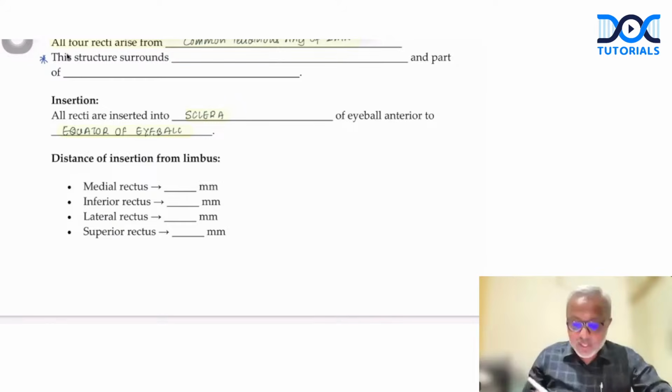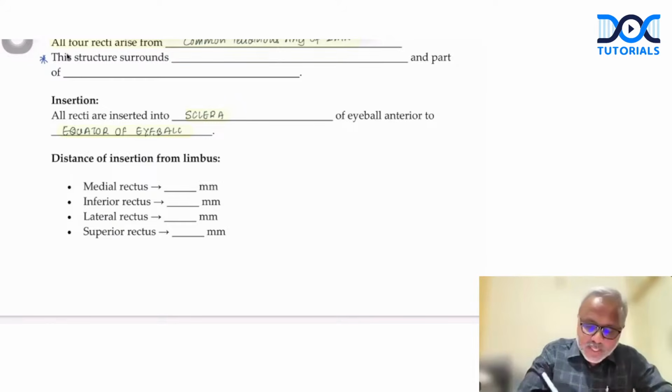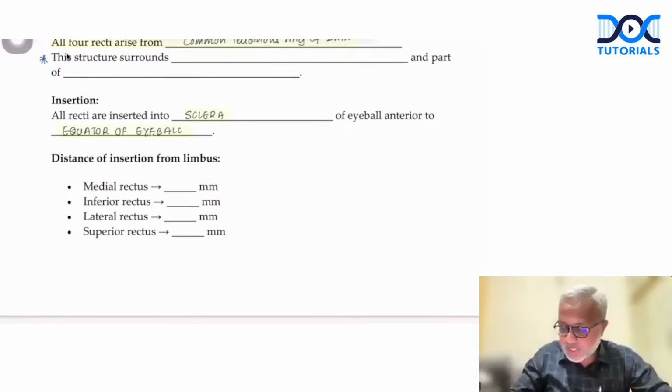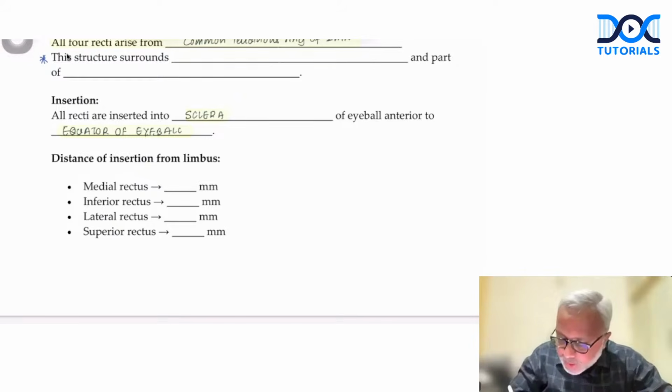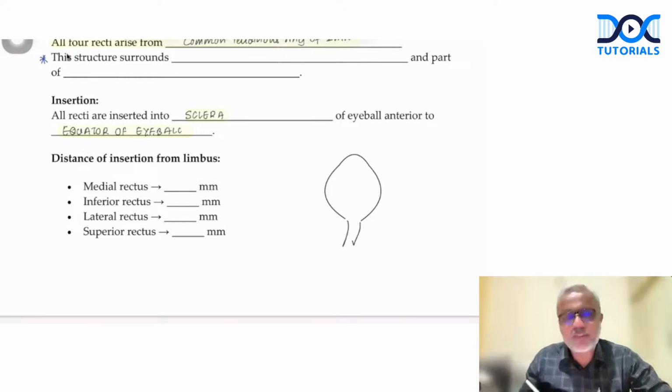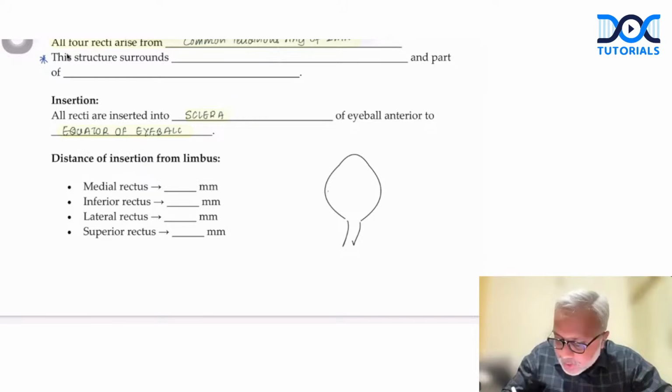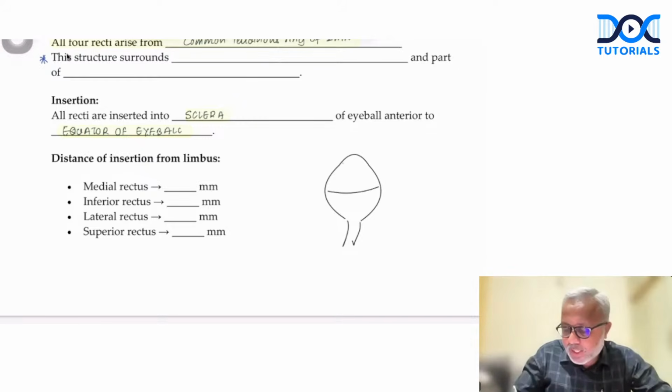Now, if I just draw the superior surface of the eyeball, let's imagine this is the outline of the cornea. Then this is the eyeball that we are looking at, and let's imagine we have the optic nerve here. So the equator divides the eyeball into an anterior half.